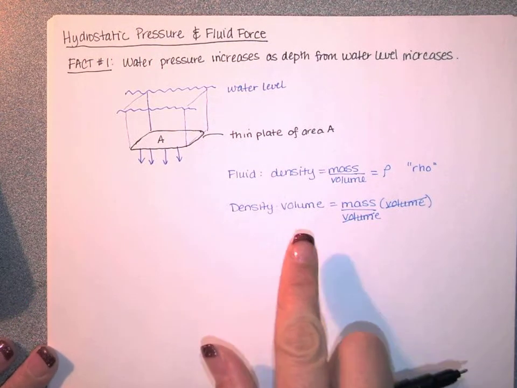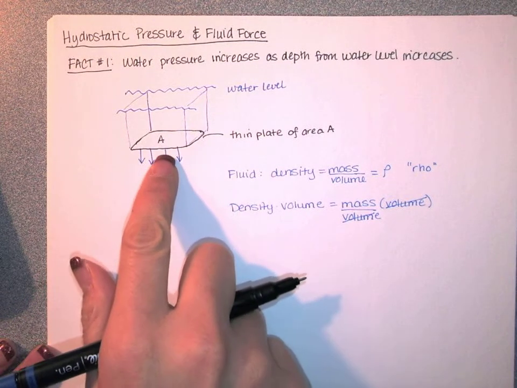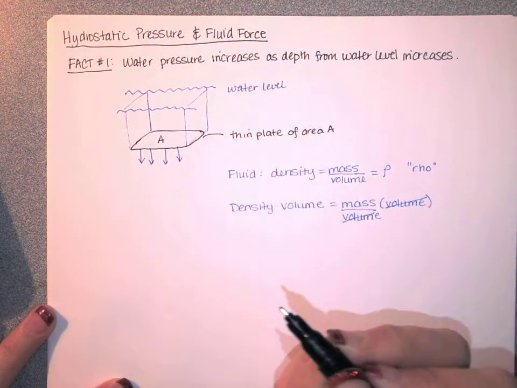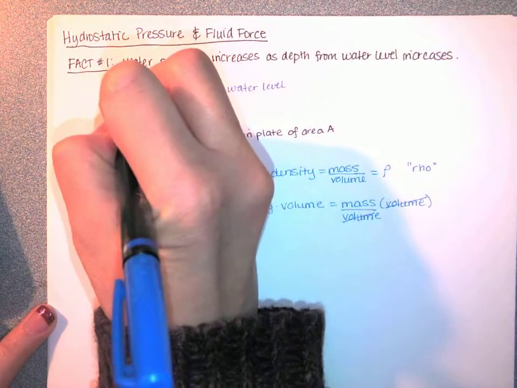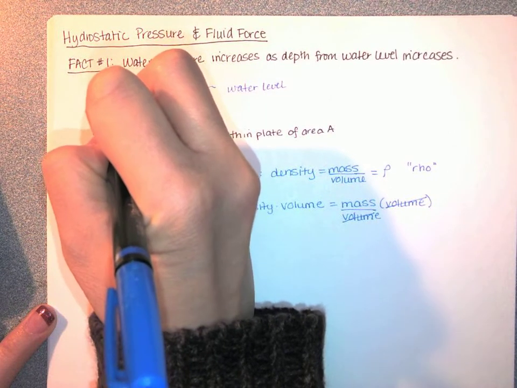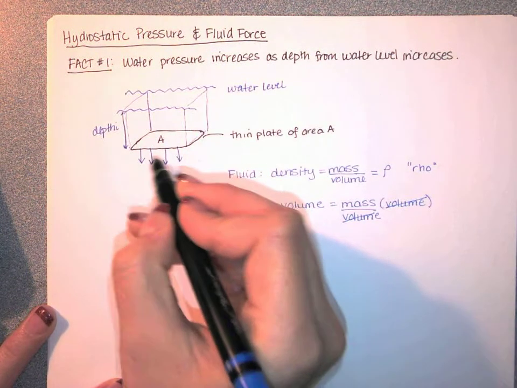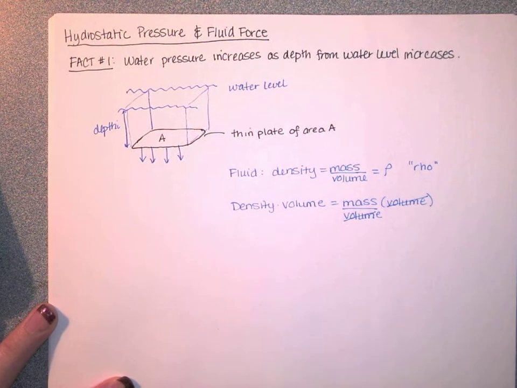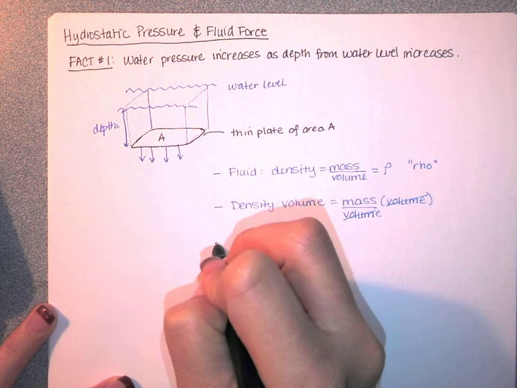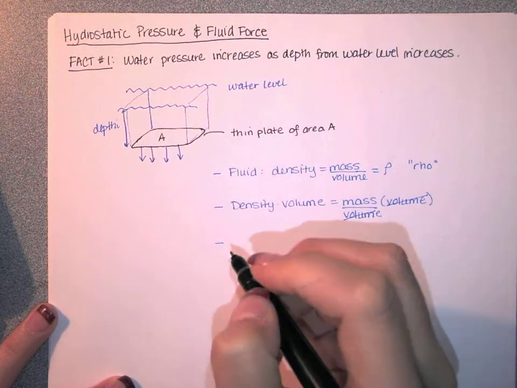Well, if I want the volume of water that's acting on this plate A, I need two things. I need A, and I need to multiply by the depth that A is at. So this is our depth. So that volume is just going to be that area times the depth. So we've got a density rho.